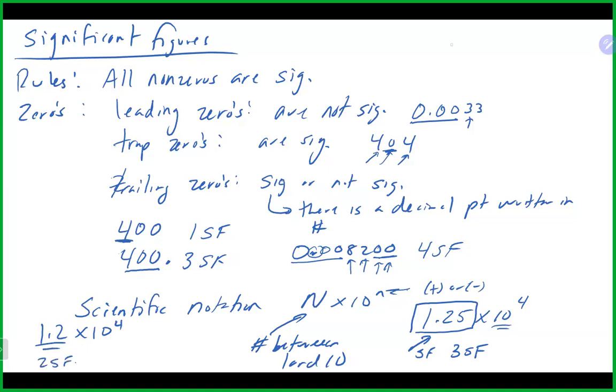If I had 1.000 times 10 to the 3, that would be 4 significant figures. It is the number of significant figures in scientific notation before you convert it to a decimal. So however it's written in scientific notation, that is how many significant figures there are. Any questions on that review there?